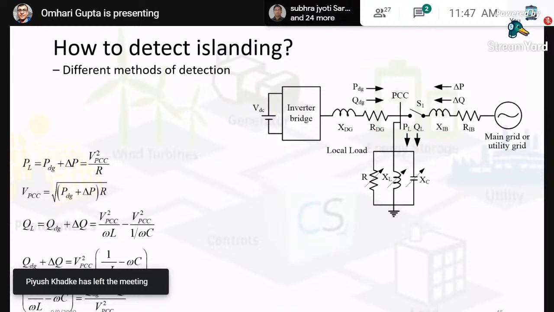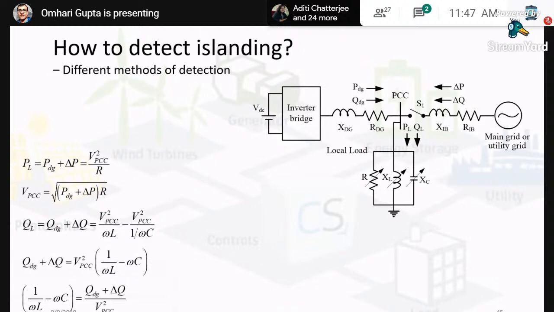Now the condition is such that delta P is 0 and at the same time the grid is gone, that means this S1 is open. What will happen? There will not be any change in this voltage. Since delta P was earlier 0, after disconnection it has to be 0. So 0 was the previous case, 0 is the next case, and there will not be any change in this PCC voltage.